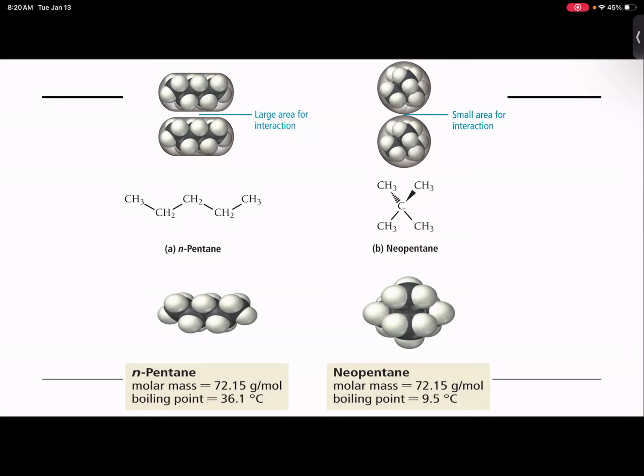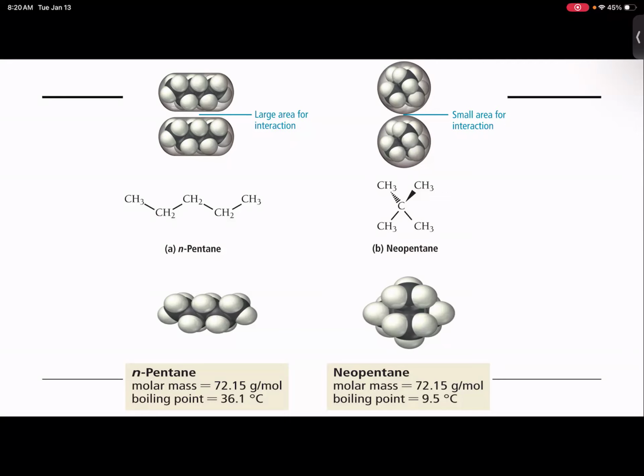Neopentane, however, has 1 carbon that is single bonded to 4 CH3 groups. Now, in the previous slide, I made the comment that the size matters. We can't rely on the molar mass. It's really about the size.